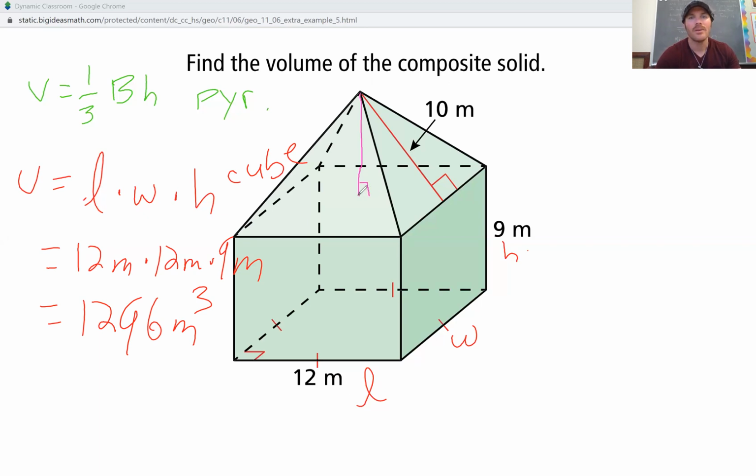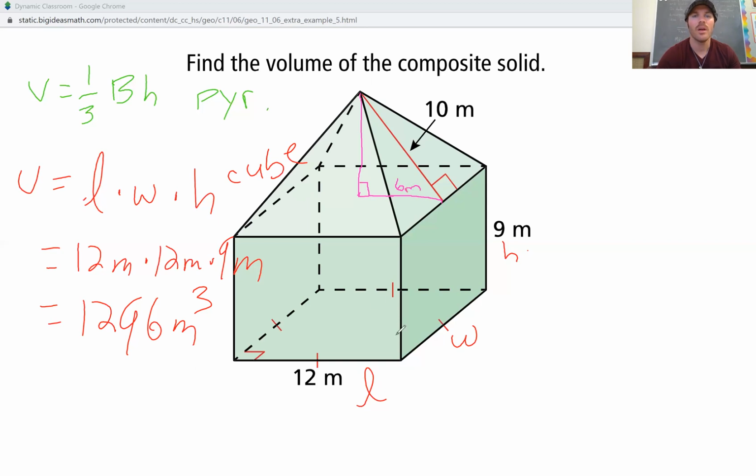And so I could continue this three-dimensional triangle coming straight down from the tip of the triangle, going down the center of the pyramid to the very center of the base of the pyramid. And this line here is halfway across. So this will be 6 meters.